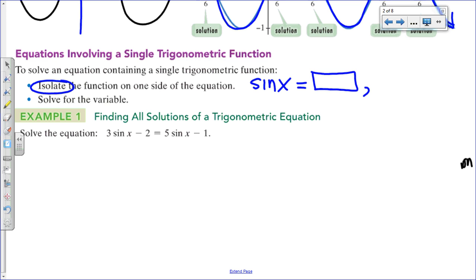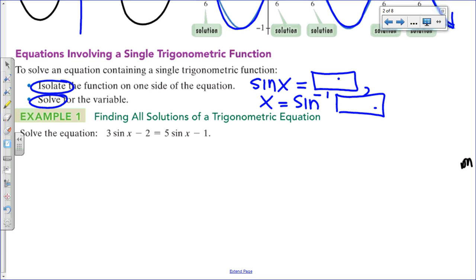After that, we're going to solve for the variable, and the way we're going to do that, for example in this case, x is equal to, how do I undo sine? What is the inverse of sine? Sine inverse. So you will do a sine inverse of whatever you have in the little box, all right?